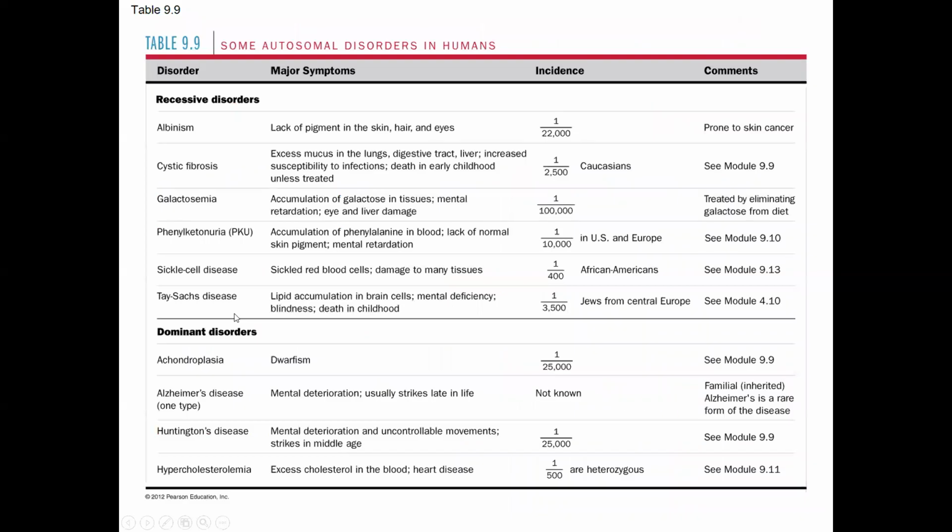to their offspring. And this is just a summary of some of the different recessive and dominant disorders that are common throughout the United States and in human society in general. And you can see the incidence of these disorders.